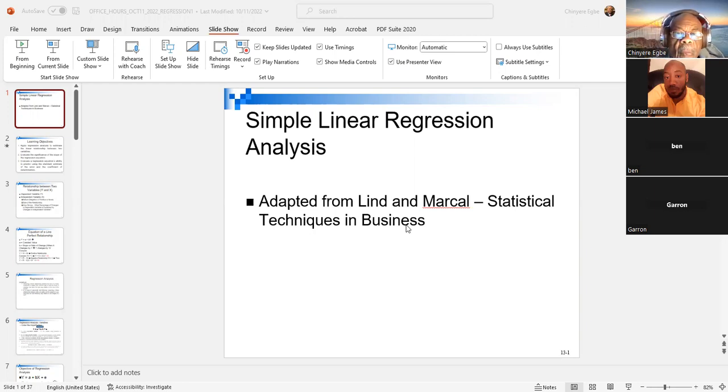Essentially, all along we have been dealing with a single variable. For example, the size of a house, the amount of living space in the house, that's a single variable.